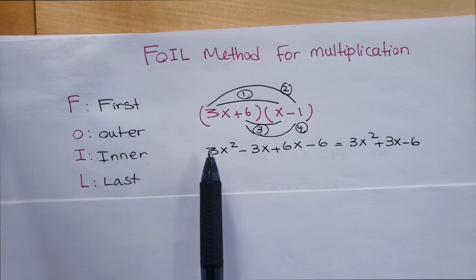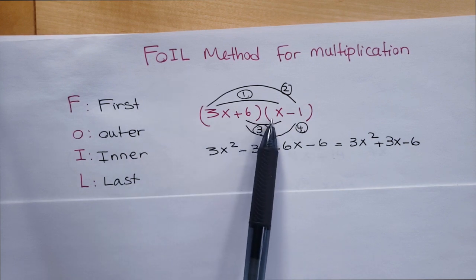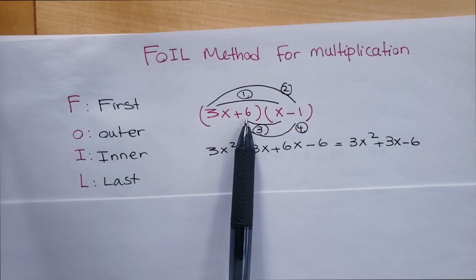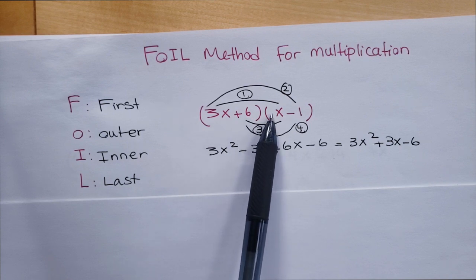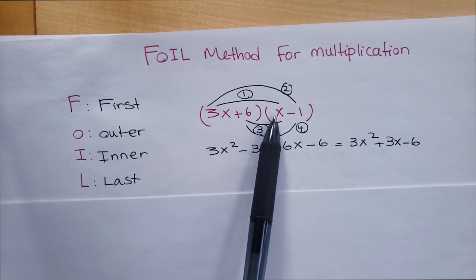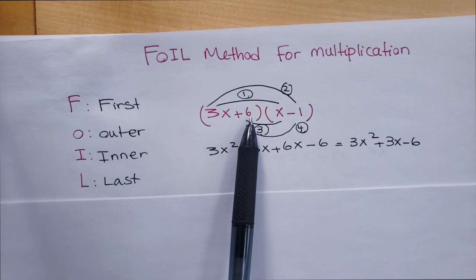The inner is the two inner terms. That would actually be the last term of the first bracket, or the two inner terms. It depends how you explain it.